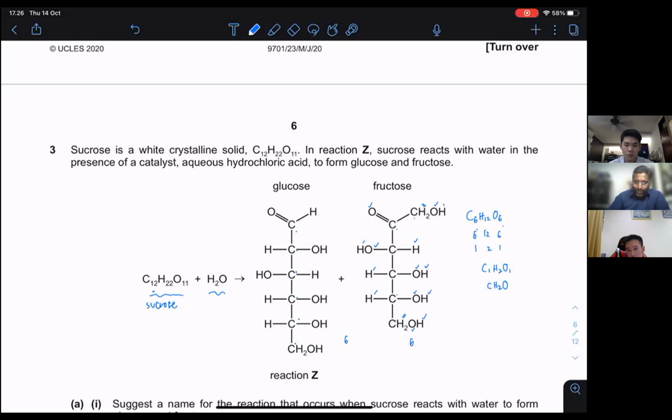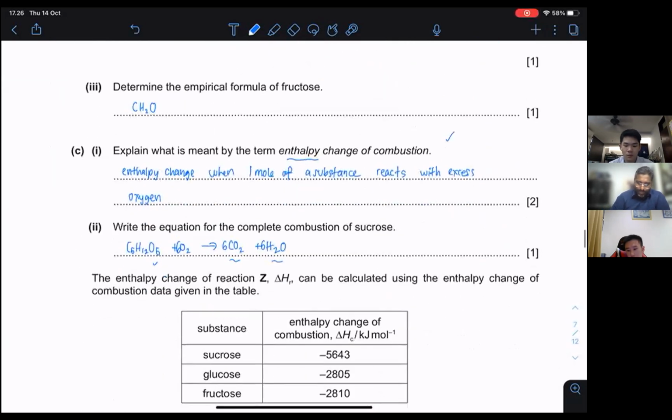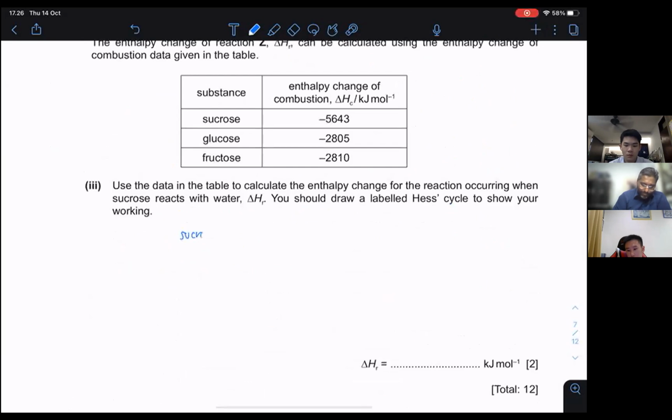So if I put it over here, sucrose plus water will give me glucose and fructose. I'm still planning how to draw the Hess cycle, but this is what they want: the enthalpy of reaction of this.